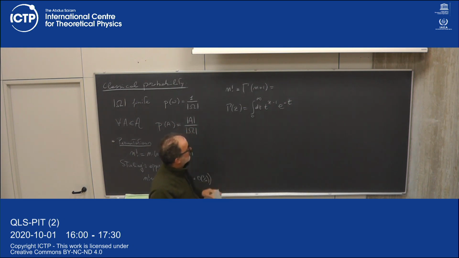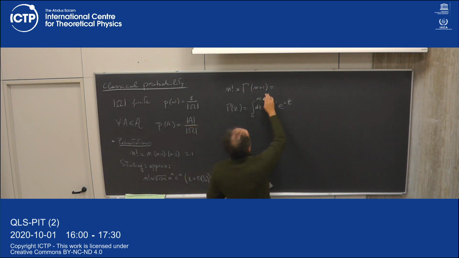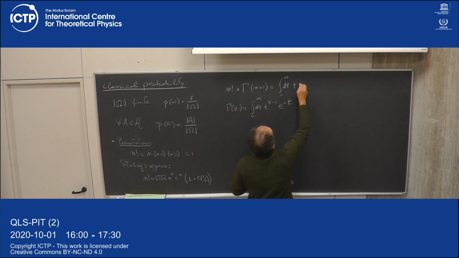It is a very interesting function, and the reason why this is true is because when you write down gamma of n plus 1, this is the integral from 0 to infinity dt t to the n e to the minus t.